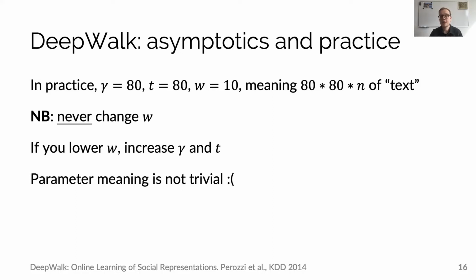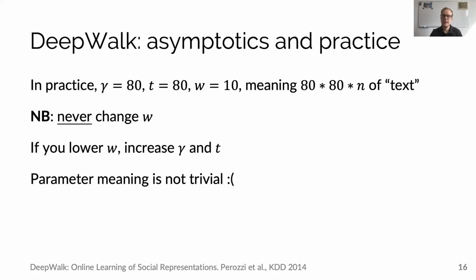I know there are some papers that do that and set it to 5 or something. They really lower the quality of DeepWalk by doing that. And if you, for some reason, want to lower w, for example if you want to experiment, please increase gamma and t, because these three parameters are actually super interrelated. If you lower w, you decrease training data a lot, and you need to remember that.